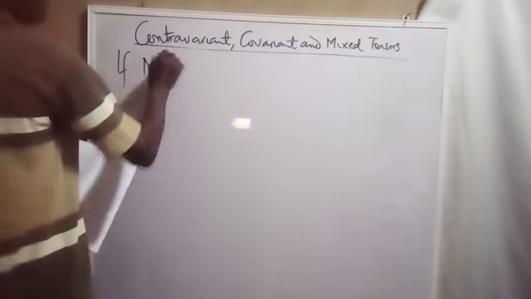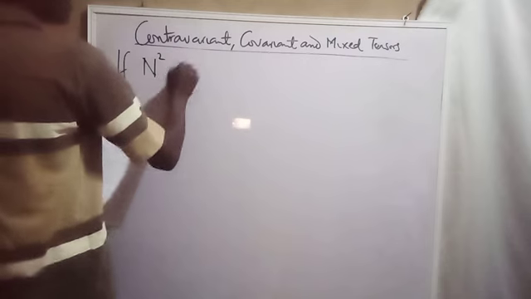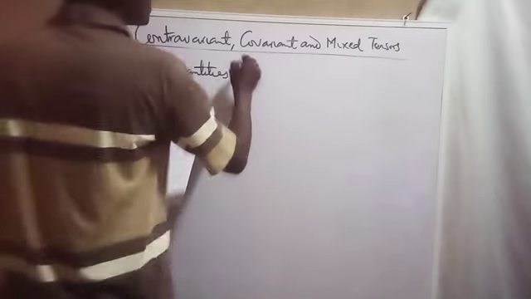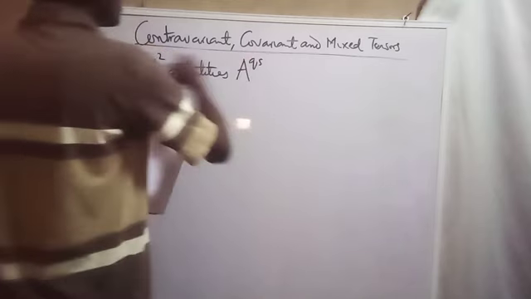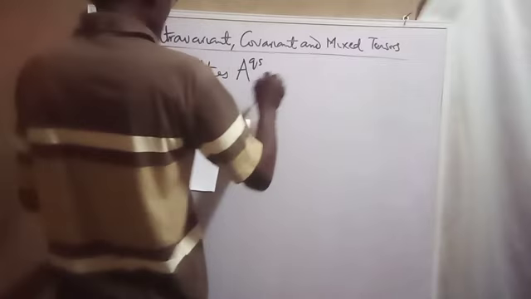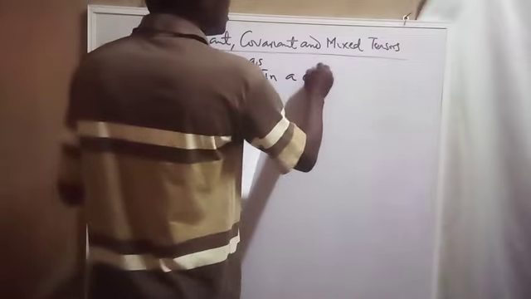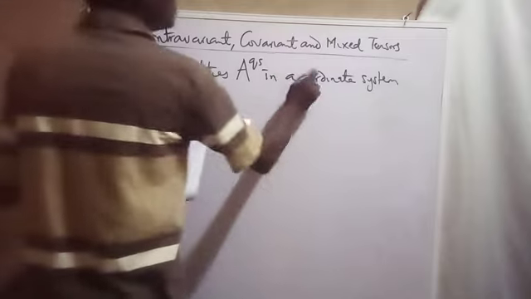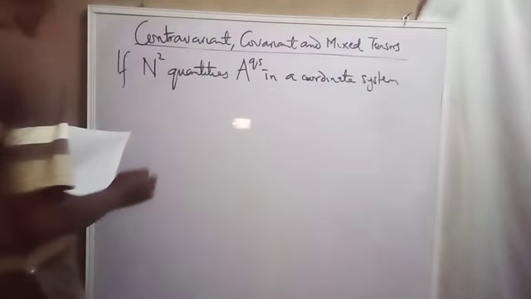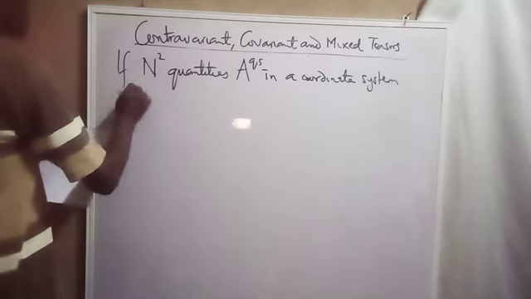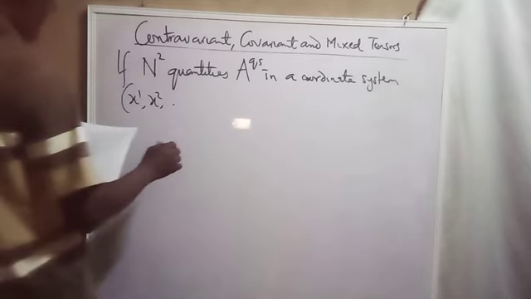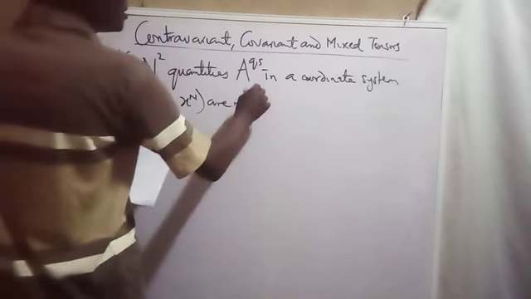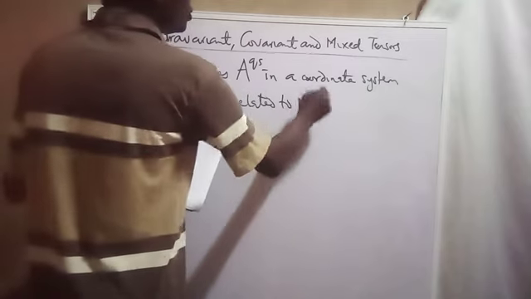Now, if n squared quantities A^{QS}, this is obviously talking about a contravariant tensor, in a coordinate system, let's say the coordinate system is x^1, x^2, up to x^n, are related to n squared quantities.